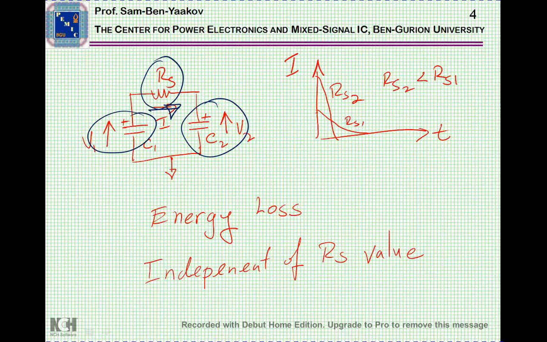Now, it's interesting to see that if RS is relatively large, we'll have an initial current of this magnitude, which will then go down exponentially because it's an RC circuit. If the resistance is much smaller, the peak current at the beginning will be much higher, but the time constant is shorter, so it will go down faster.